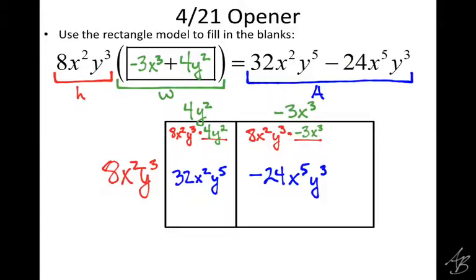This idea of factoring we're going to use in a few different ways, but what we're doing today is what's called factoring using the GCF. So if you look at this problem that we did in the opener, on the first page, we found the GCF of these two terms. And then we use that GCF as one of the factors, one of the numbers that we're multiplying.